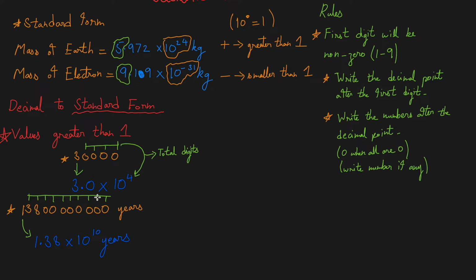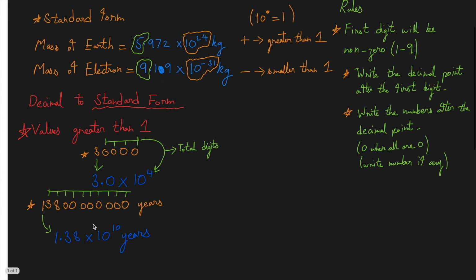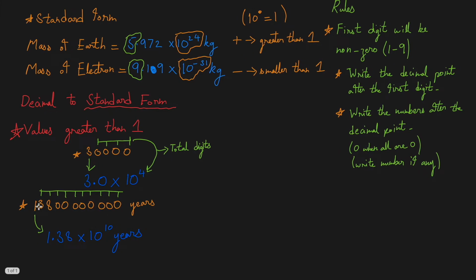But for the sake of this video, I will write the whole numbers here, any number which is given. So here we have 1 point and we had 38 instead of zeros. Then we will have 1.38. Here the rule: write number if any. Now your point will be, what if instead of 38 here, we had zeros on this side?